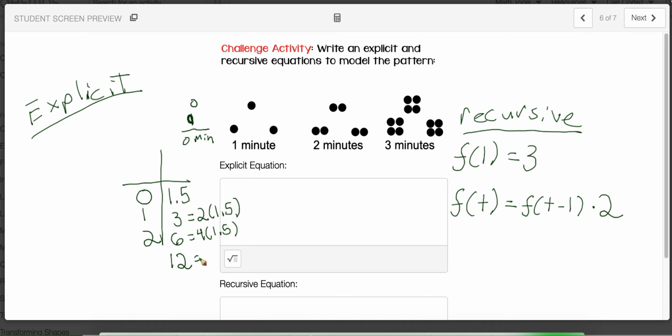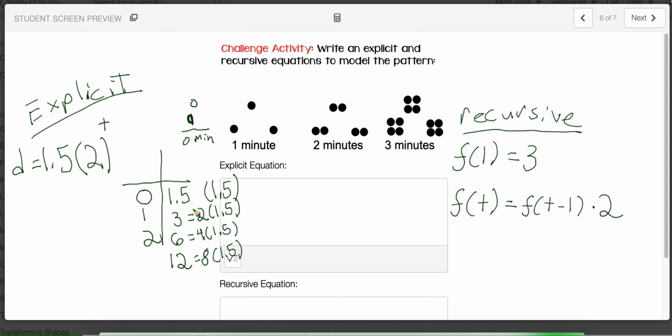Here we would have 8 versions of 1.5. So this 2 just keeps kind of changing, but 1.5 is pretty steady. Okay, so we could say that no matter what, we have that 1.5, and then we have parentheses and then 2 to the t power.